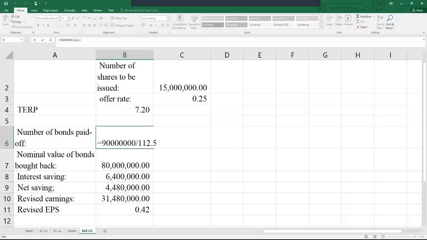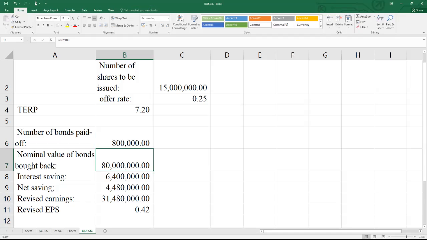And for every bond that you're going to buy, how much do you pay per bond? The last line just after the required. 112.5, isn't it? Therefore, how many bonds have you bought back? 800,000, isn't it?